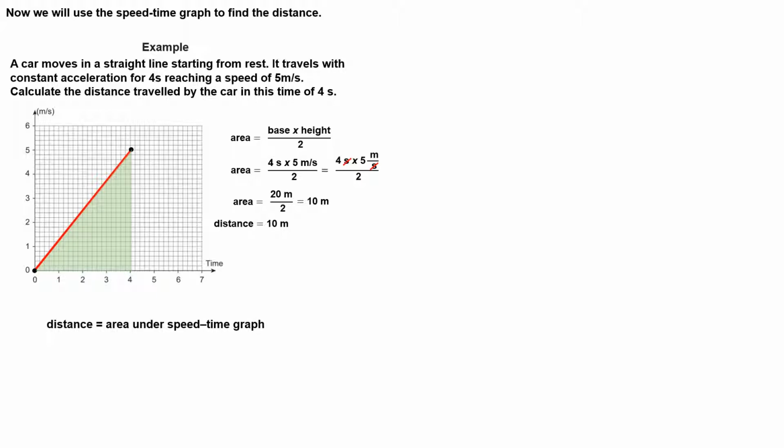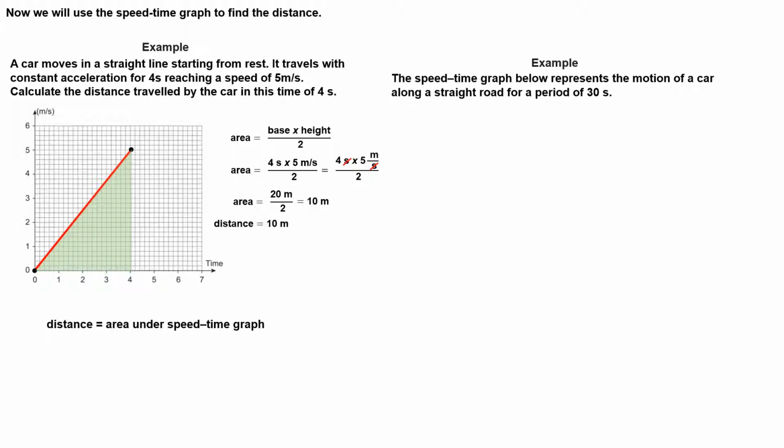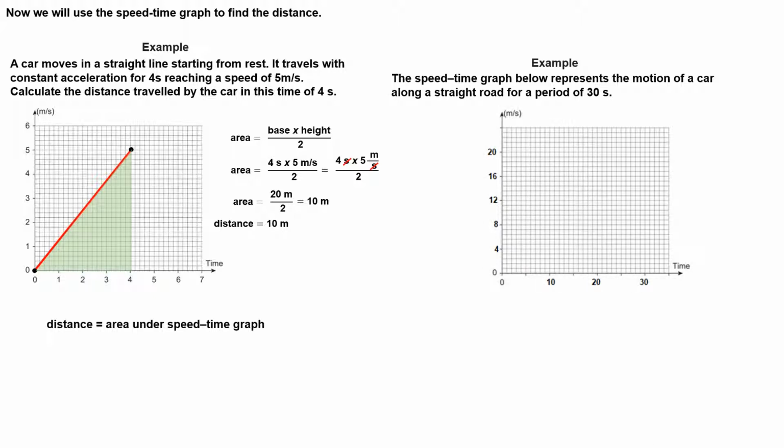Let's see how it works. The speed-time graph below represents the motion of a car along a straight road for a period of 30 seconds. Determine the acceleration of the car.